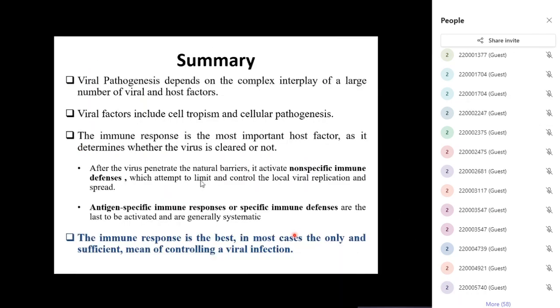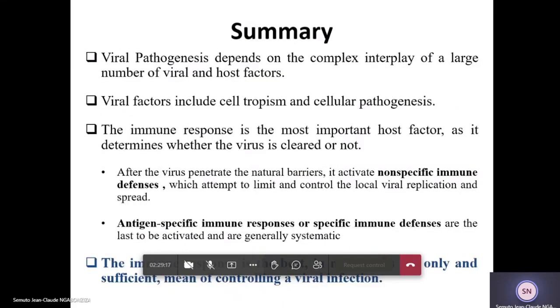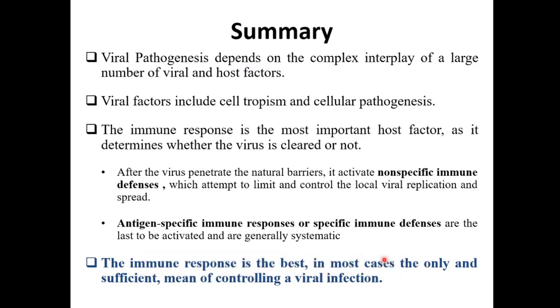As a summary, viral pathogenesis depends on the complex interplay of a large number of viral and host factors. Nukuvuga ngo not only viral factors, but also host factors as the immune response, as we said. Viral factors include cell tropism and cellular pathogenesis.